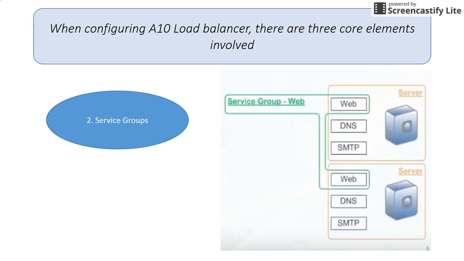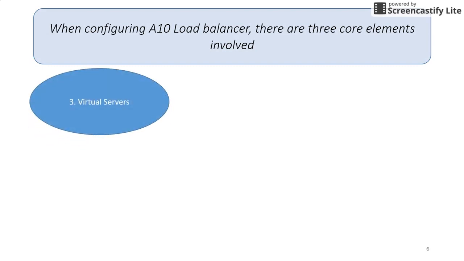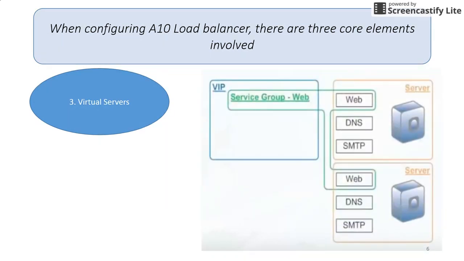A service group offers a way to bind two or more services together to enhance system scalability and availability. The third element is the virtual IPs, or VIPs. The VIP is the address which users will contact to access these applications.